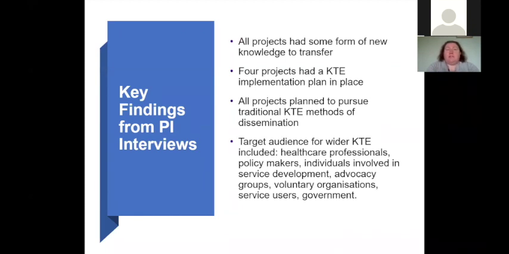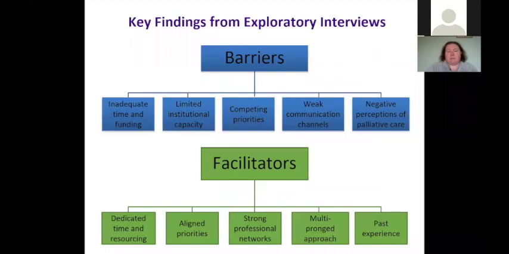But if you're interested in going outside of those groups into more voluntary organizations, members of the public, stakeholders, they're not necessarily the methods that are going to reach those groups. So it was interesting that there was a bit of a disconnect here between the audiences they identified and the plans that they had in place.